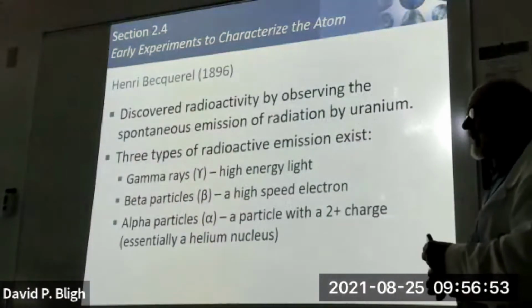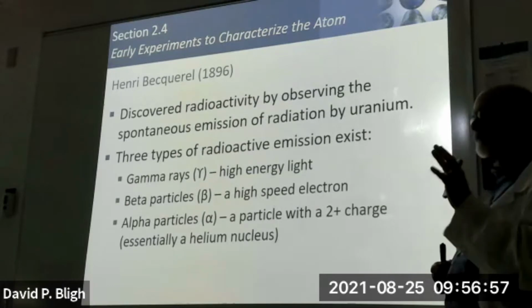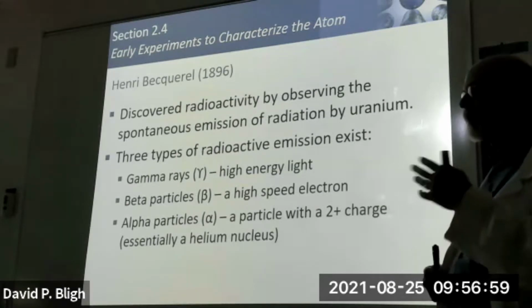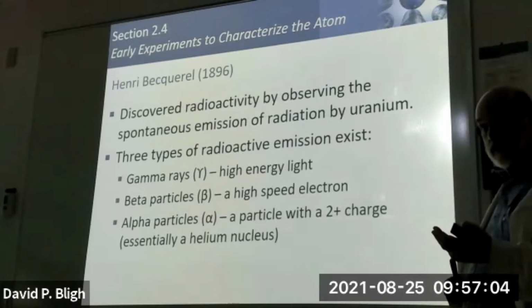So we've got an atom that we know is composed of electrons and some positive charge, but we don't know the nature of the positive charge. We do now know the mass of the electron.